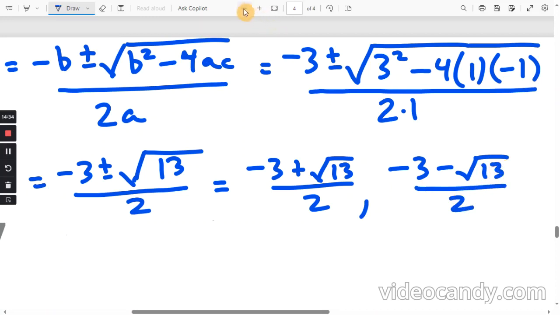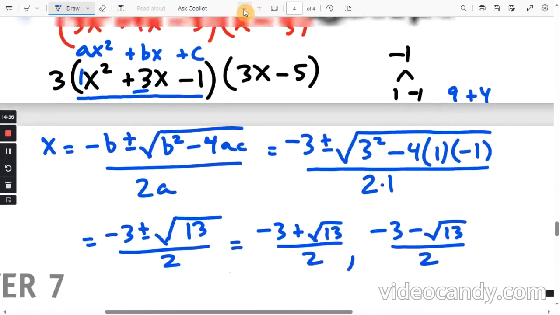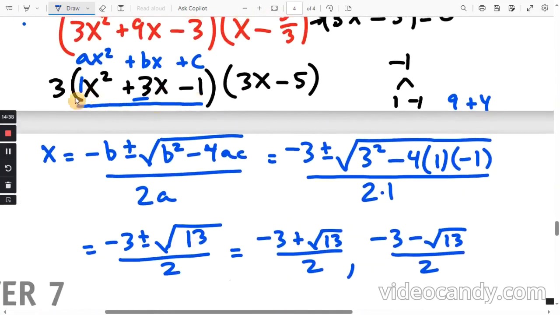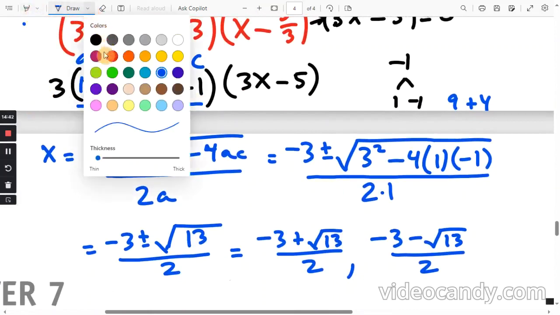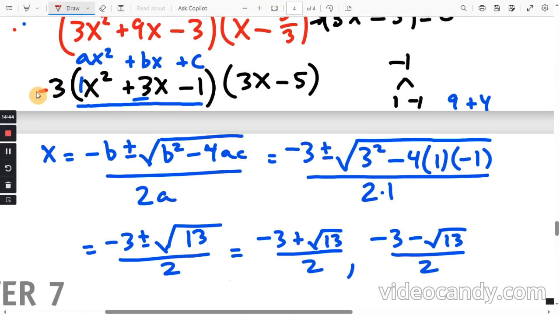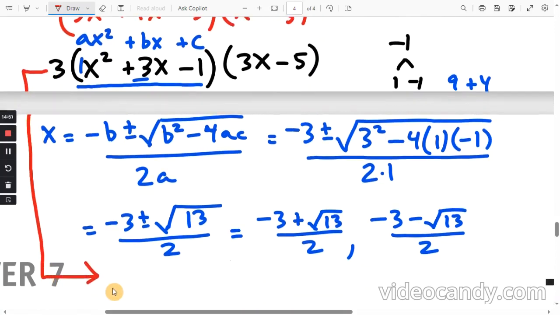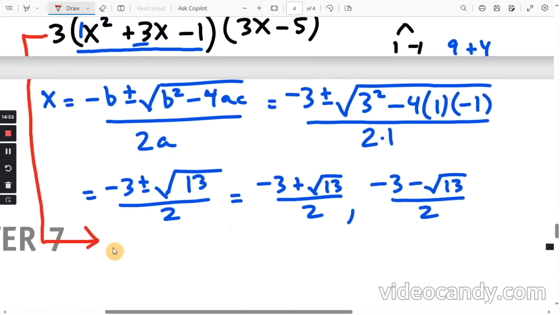All right. So going back to the original, which was this right here, we're going to take this and rewrite it right here. We start with the 3.